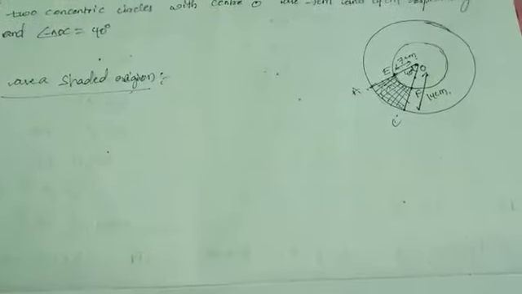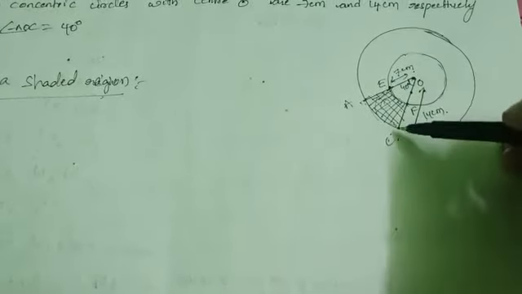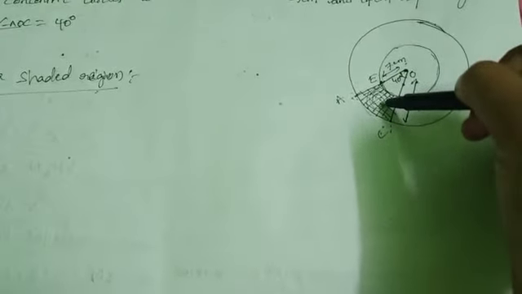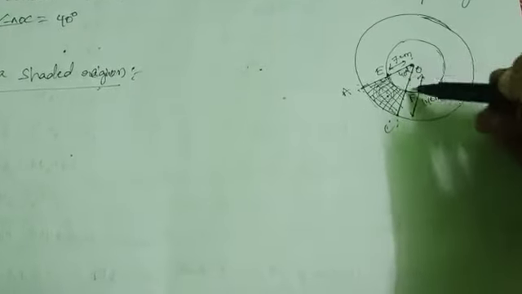To find the area of the shaded region, see, this is like a sector. AOC is the one sector, but we want only the shaded region area. We don't want the OEF sector area.